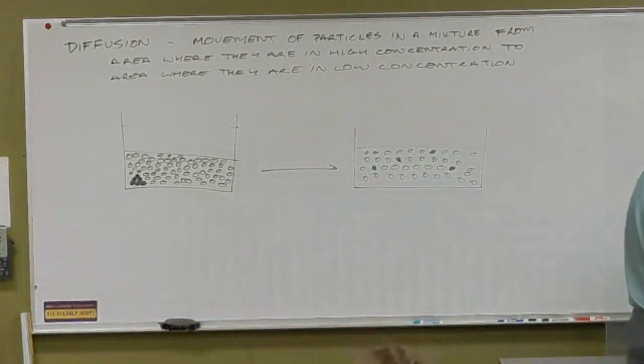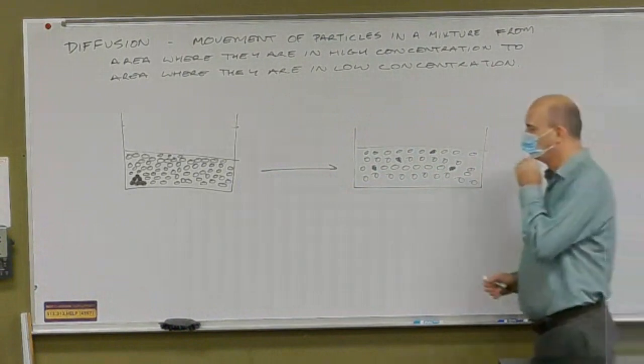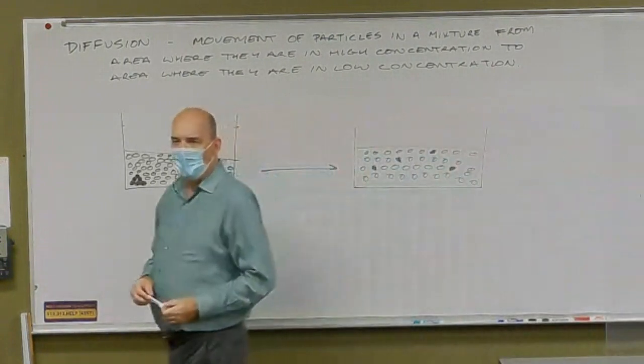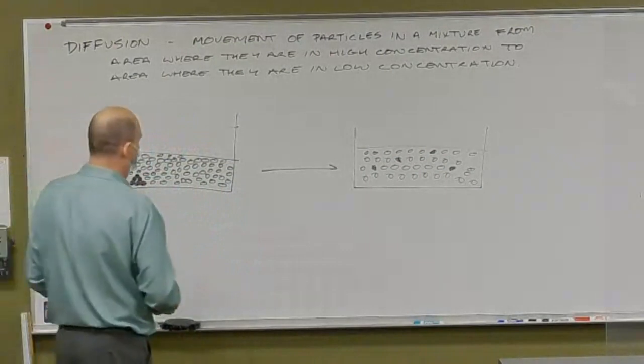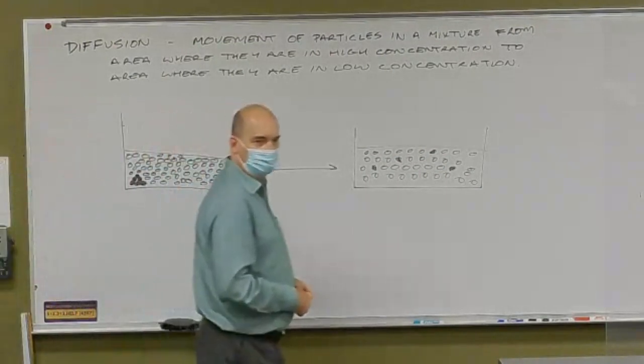You end up with an equal distribution. Why? Let's see if we can get to why. What's the driving force here?